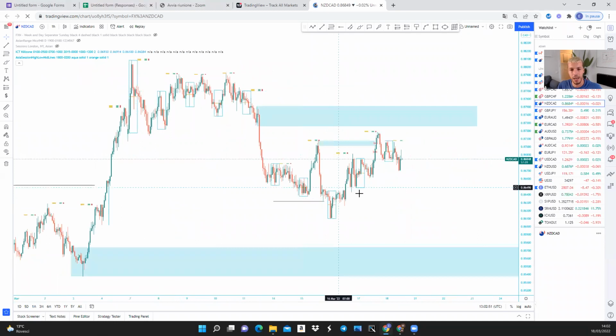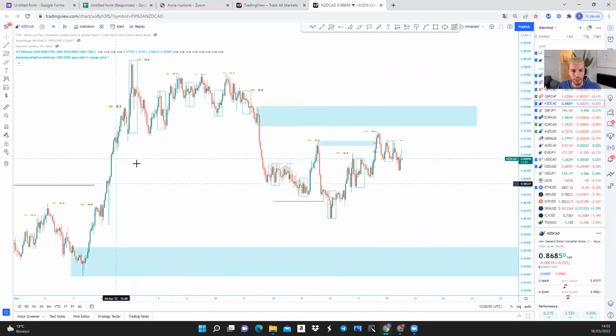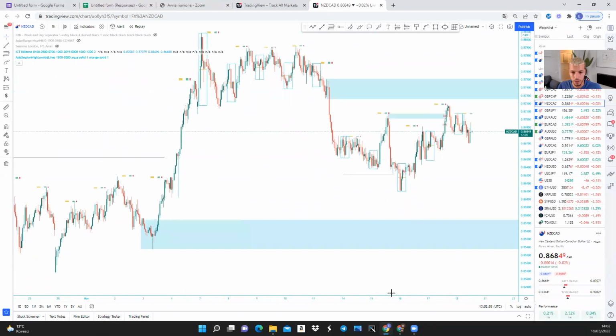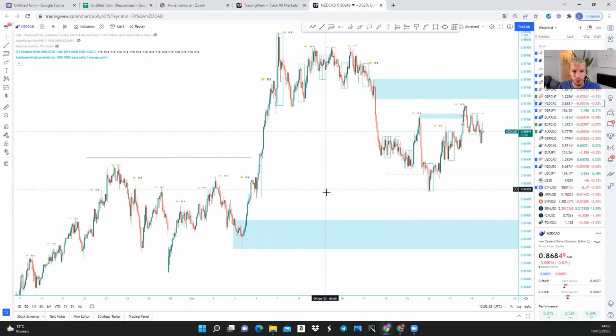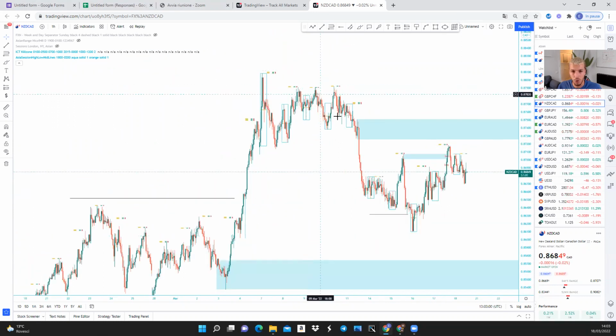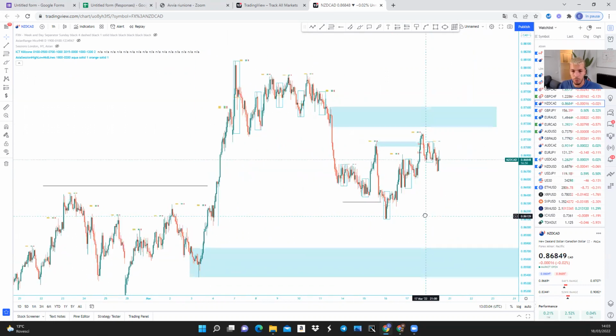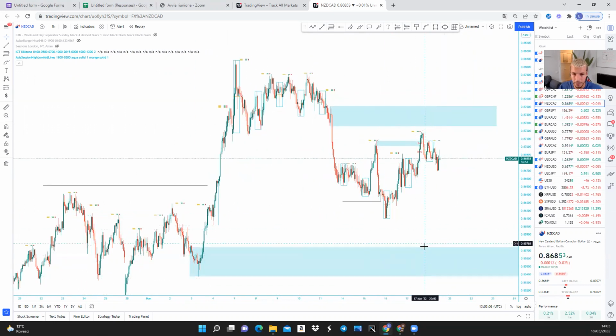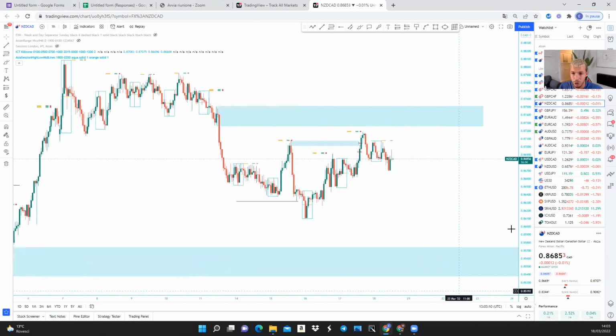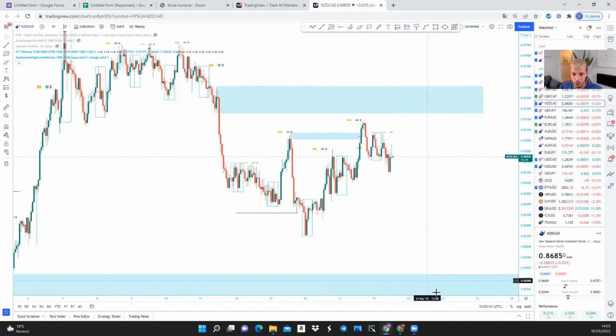So for example, right here, NZD CAD. We are in the 4 hours time frame, we had this breakout structure and we are overall bullish. I'm looking for buys from this demand, and I can trade my sells into this demand, where then I will look for buys.